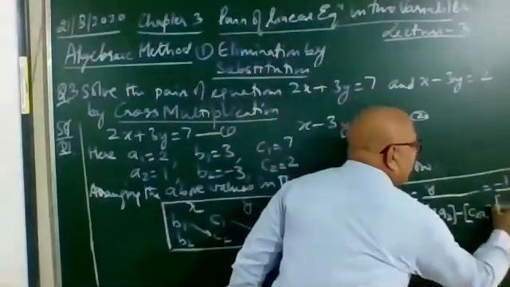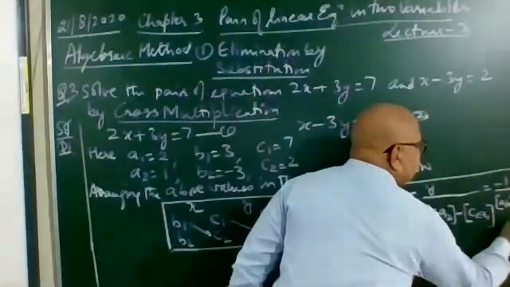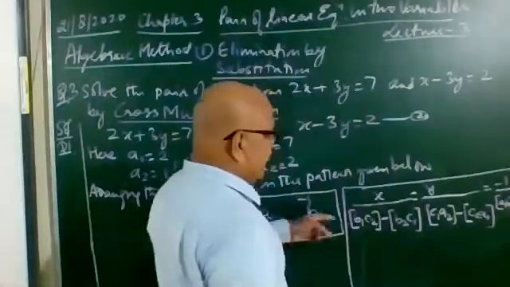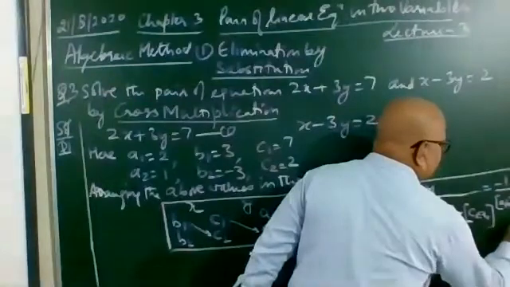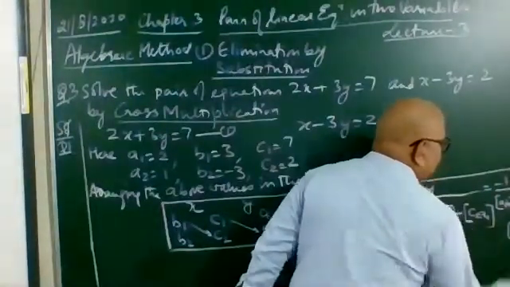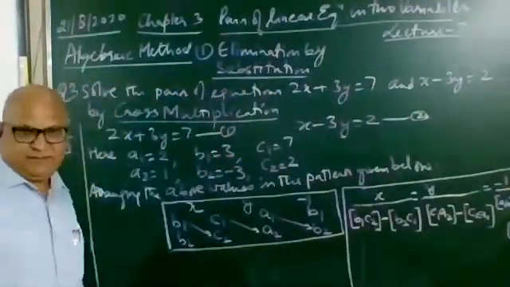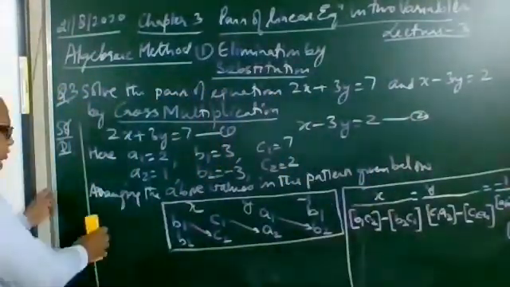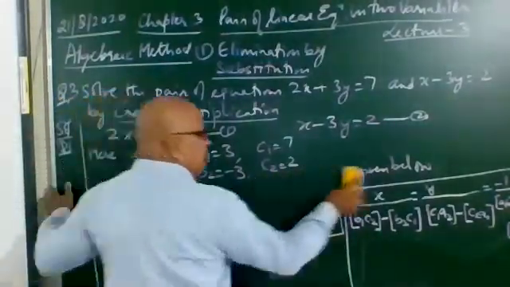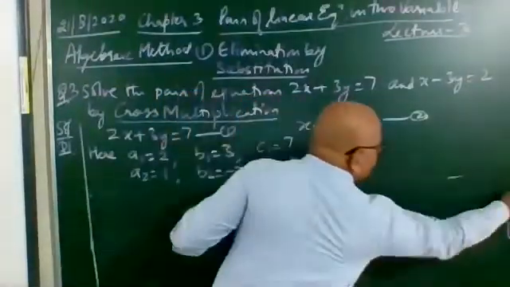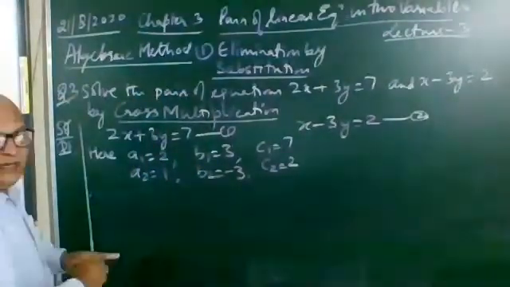And 1 upon a1 b2 minus a2 b1. This is the pattern. Again, I am adding this so that you will have a clear vision of the pattern.